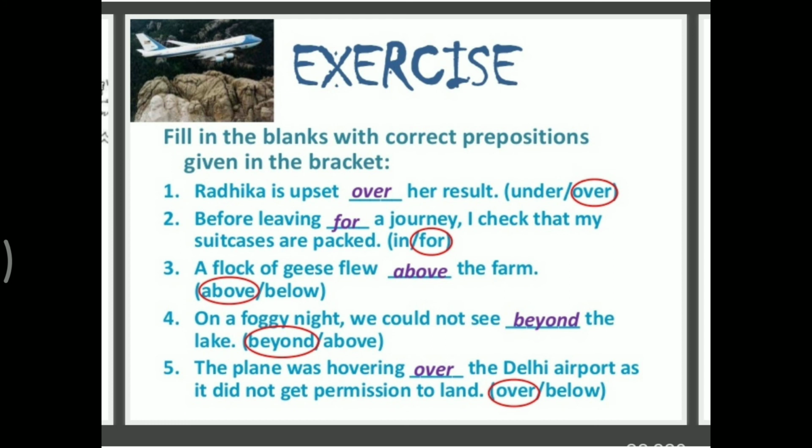On a foggy night, we could not see beyond the lake. The plane was hovering over the Delhi airport as it did not get permission to land. In all these sentences, over, for, above, beyond, over are the proper prepositions used at the proper place. Then you have to think how these prepositions are suitable for the particular place.